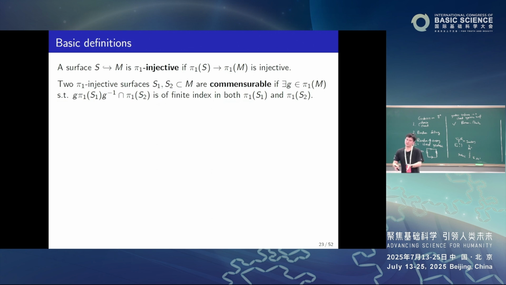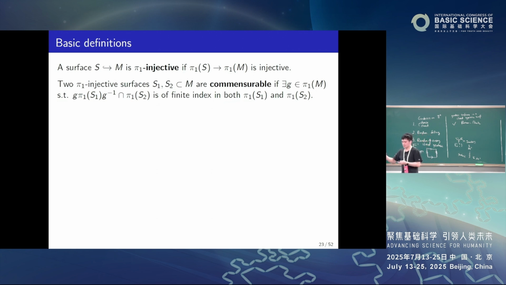We often say virtually something. So virtually something means the property holds for a finite index subgroup. So commensurable just means take surface 1, take surface 2, and they have a common finite cover. Okay? Because this finite cover gives you a subgroup of finite index in both surfaces.